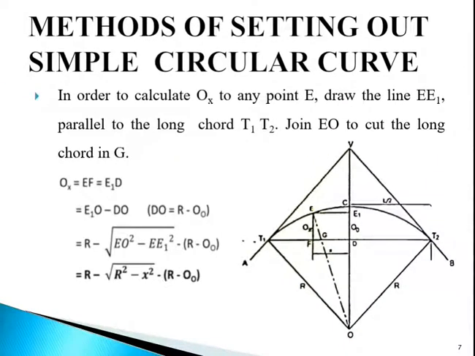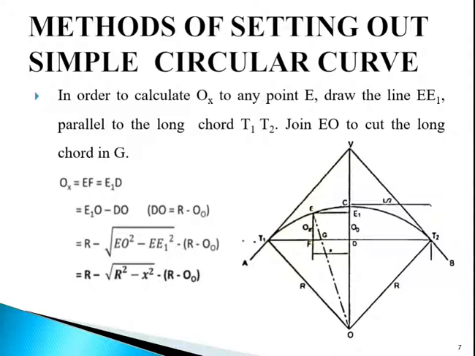So OX is equal to EF is equal to E1D from the figure. As we know, DO is equal to R minus O0. So E1O minus DO will be there. Further simplifying it, R minus the square root of EO square minus E1O square, minus the bracket R minus O0.